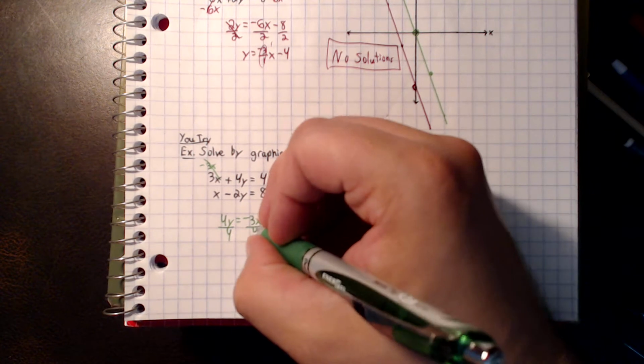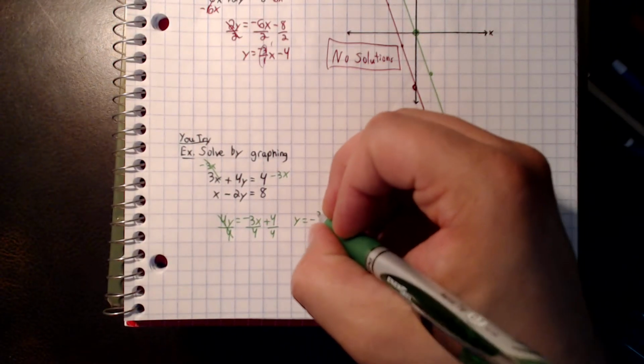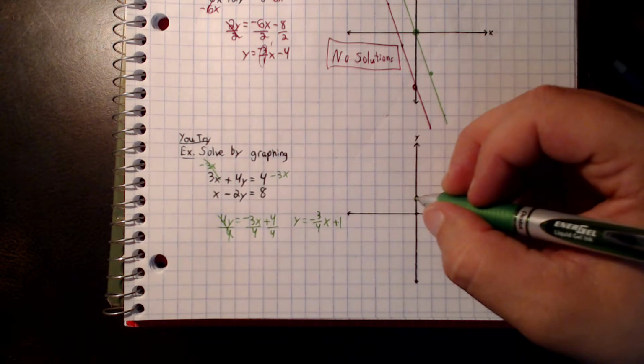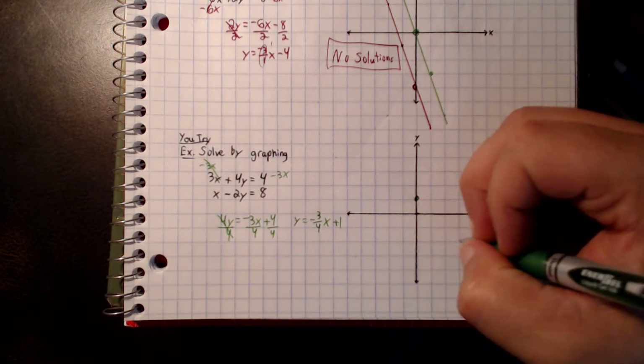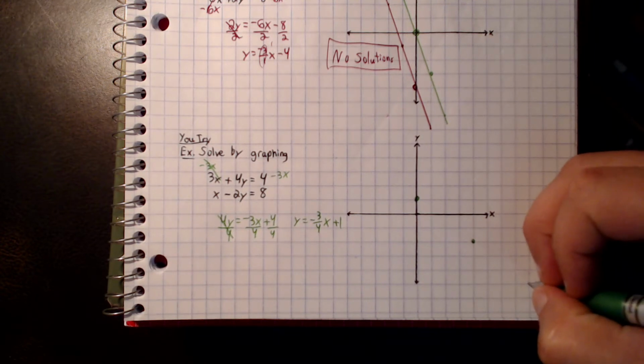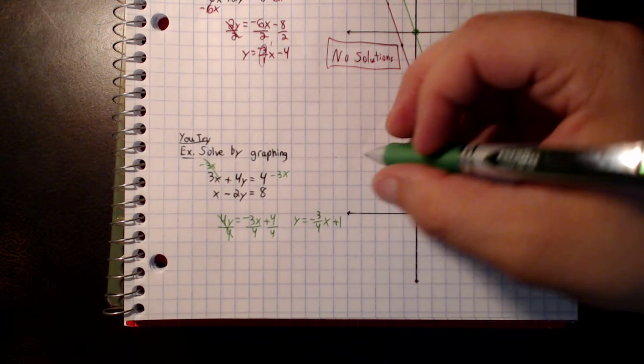Then divide each term by 4. Y equals negative 3 over 4x plus 1. So here's our 1. It's negative, so 1, 2, 3, and then over 4. I kind of went off my paper there. Or we could go up and backwards.